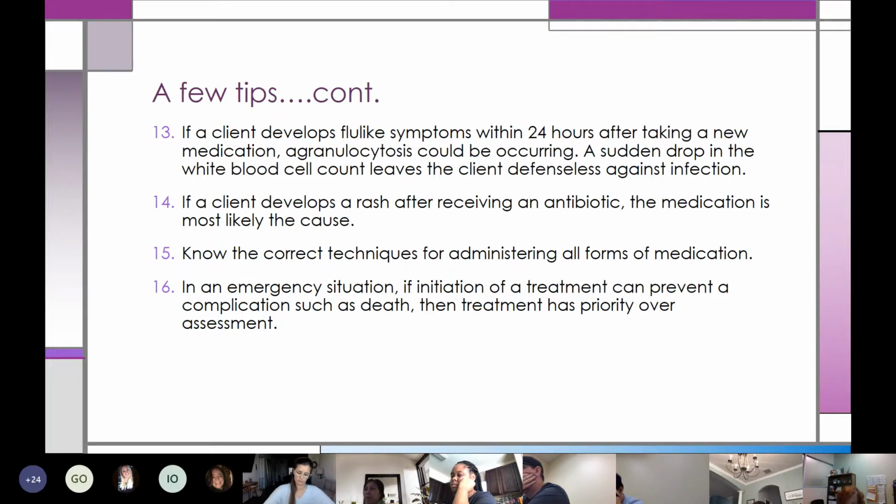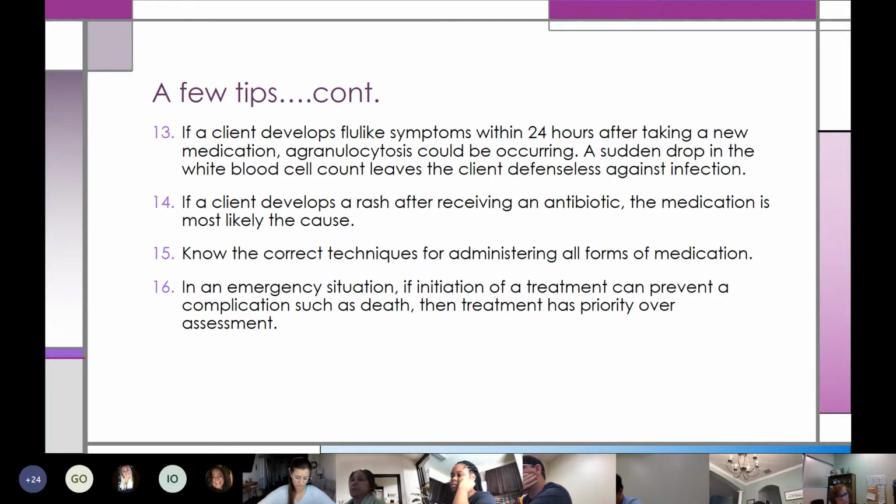A sudden drop could cause a patient to develop some kind of infection. So remember, if a patient has flu-like symptoms about 24 hours after taking a brand new medication, think, okay, what's going on in the body? Is there an infection problem because the white blood cell count has dropped? So that's really important.